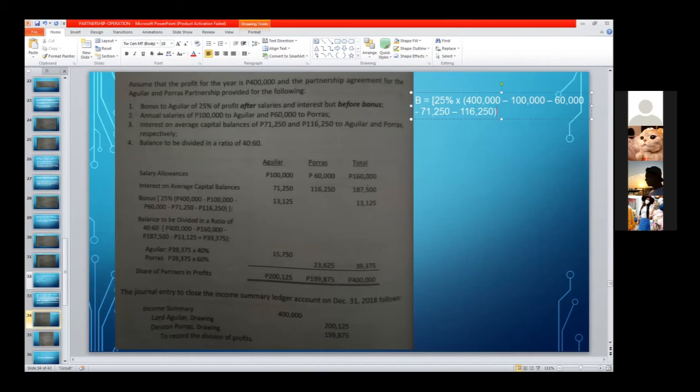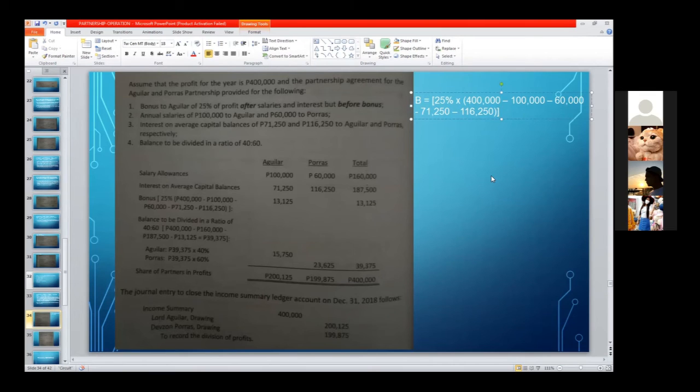Ang i-deduct lang natin yung sinabi sa mga after. Tandaan nyo kapag profit after salaries, i-deduct nyo. After interest, i-deduct nyo. Pag before bonus, wag nyo nang isama yun. Pero pag sinabing profit after salaries, after interest, and after bonus, lahat yun, i-deduct nyo sa income. Pero ayan lang yung computation natin, sinabi niya, before bonus.